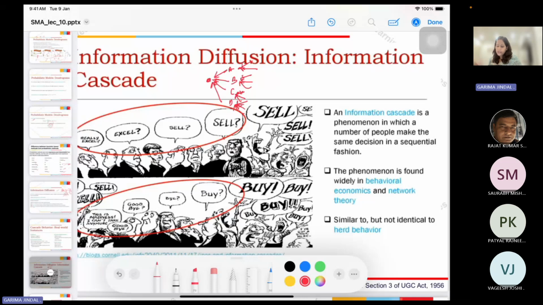Let us suppose I have this network. Now there is some news that this node tweets about, and this tweet reaches these nodes. So this becomes the sender and these are the receivers.